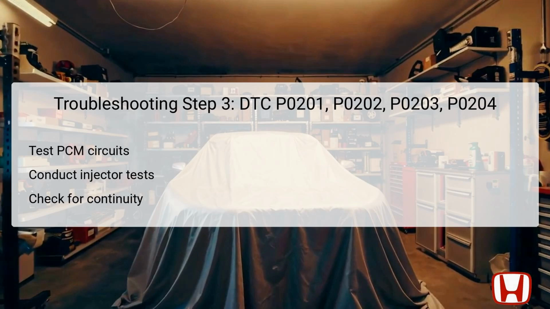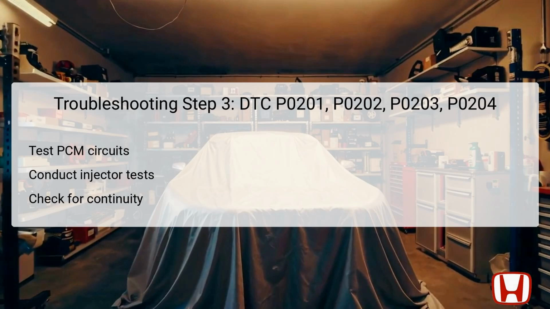After confirming power supply checks, the next step is to test the circuits of the PCM and each injector. Mechanics should ensure they have valid continuity between the injector connectors and the PCM. By conducting specific injector tests for each cylinder's injector, they confirm correct operation and electrode connectivity.